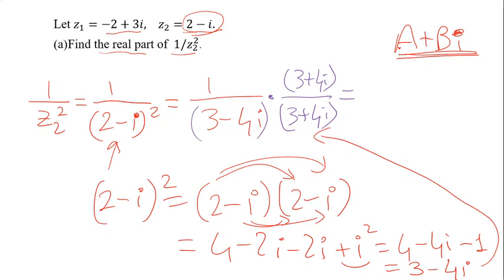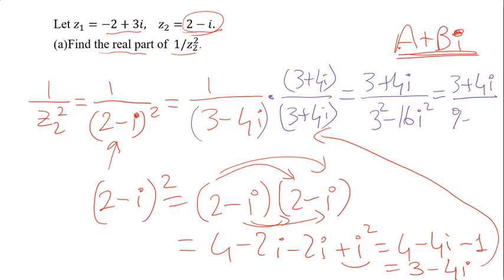So when you use this product, you'll get 3 squared minus 16 i squared. Here's 3 plus 4i, and this is 3 plus 4i, divided by 3 squared, 9, minus 16 times minus 1, which is automatically 3 plus 4i divided by 25. And then you can separate them.